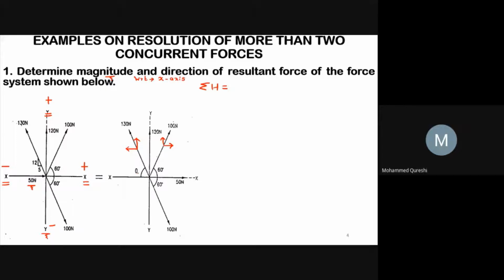It is not 0, it is here theta. And we had given theta in terms of slope 12 by 5. So we will calculate later on. And here it is 100 Newton and it has two components, 100 sin and this will be your 100 cos. So first of all we will calculate theta.